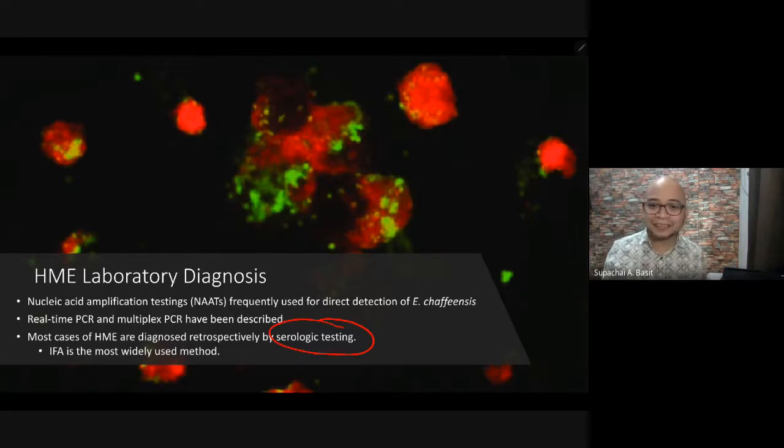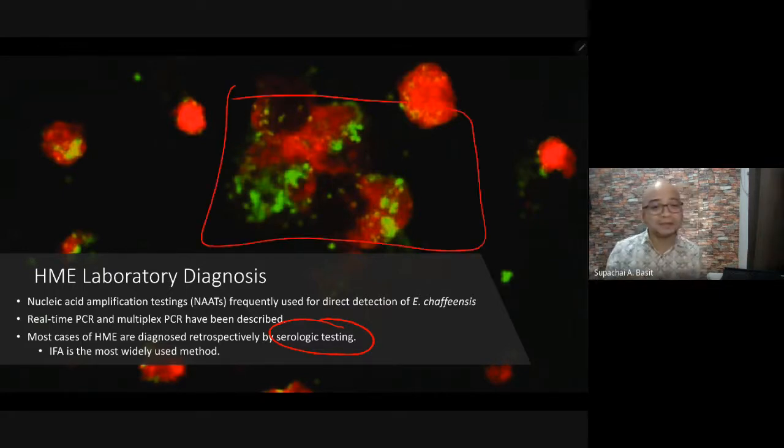Since they have already developed antibodies, we determine if the patient had been infected before by detecting antibodies by means of indirect fluorescent assay. The positive result is like this one, wherein you'll be able to see organisms that glow in the dark.